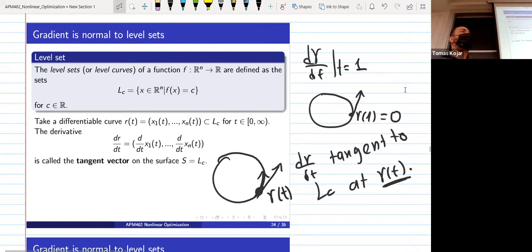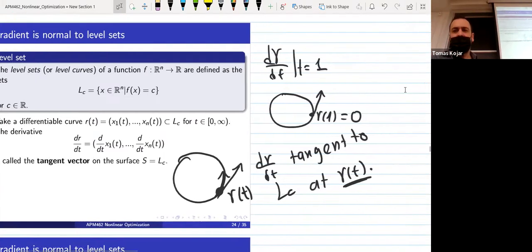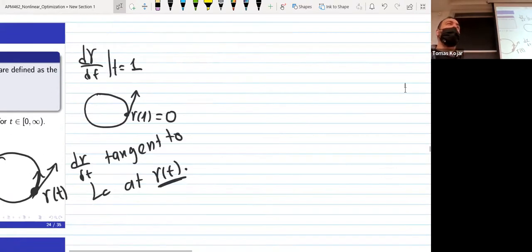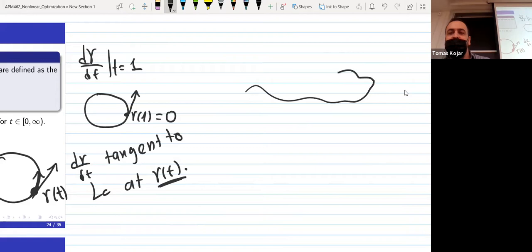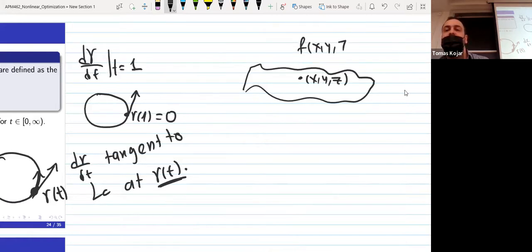Yeah, we're working in 2 dimensions, but once you go higher, level sets are surfaces. This is the easiest case. It's hard to visualize because we're not in high dimensions, but pretend that for any point x, y, z on this surface, f of x, y, z is equal to 1. This is the level set L of 1.